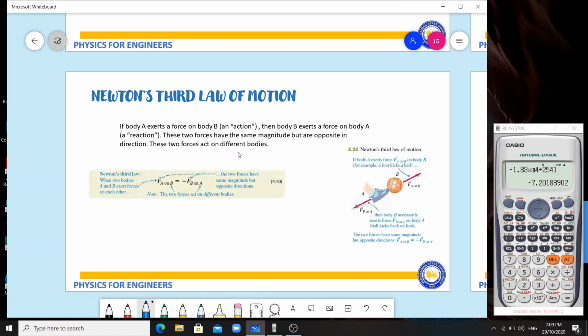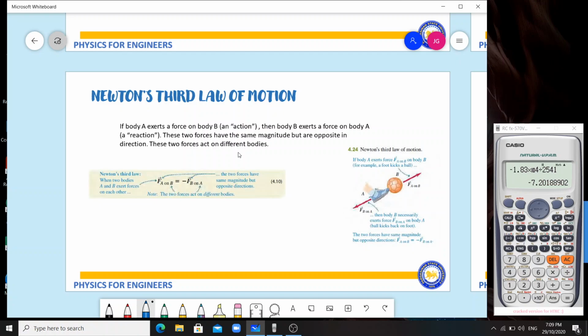So, kung familiar kayo dun sa Newton's third law of motion na in any action, there is always an exact but opposite reaction. Okay? So, ayan. For example, the force A on B is equivalent to negative force B on A. Okay, equal sila pero magkaiba ng direction. Ayan o, negative.